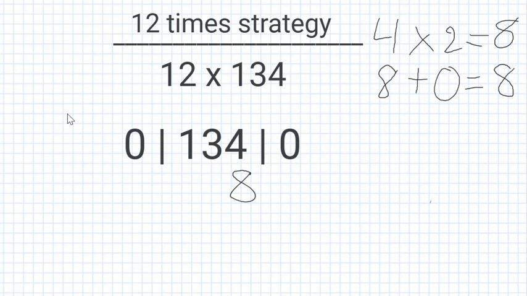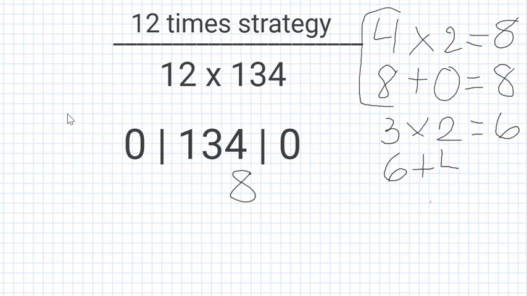And then you're going to move on to the tens place, which is 3. So you are going to multiply 3 times 2, which is 6, and then add 6 plus 4, because 4 is the closest number towards the left, and you get 10.